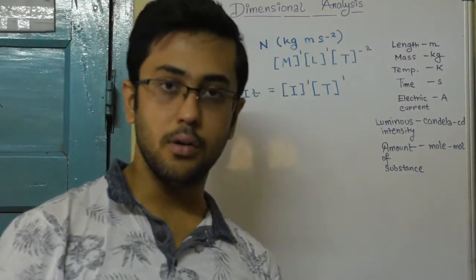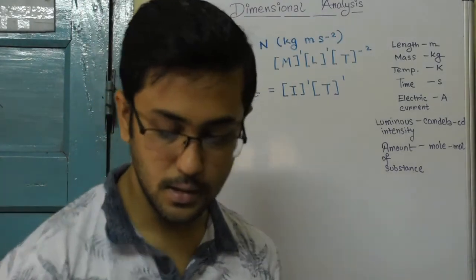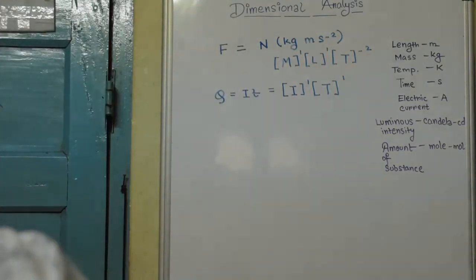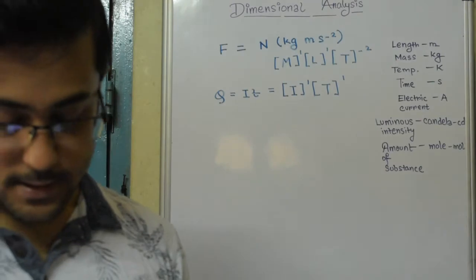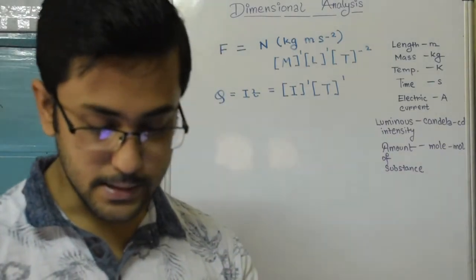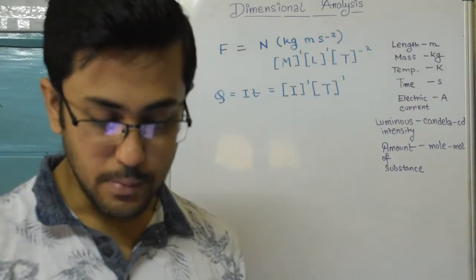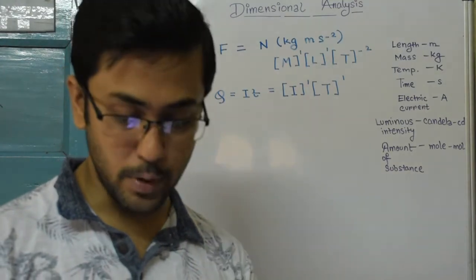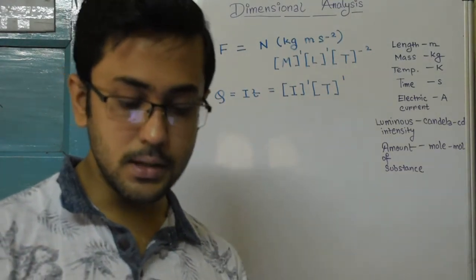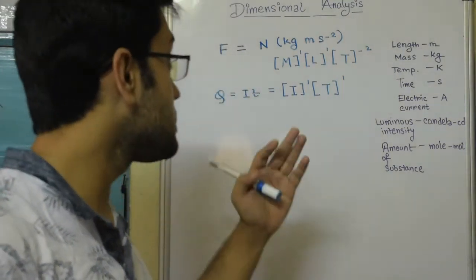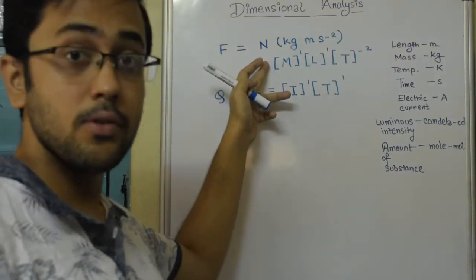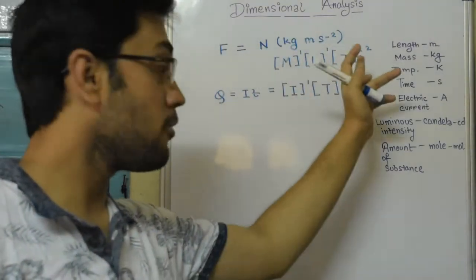Alright, now if you look into your syllabus for class 11, it says under dimensional analysis that you need to know the dimensional formula, you need to express the derived units in terms of base units, which we just did. Newton was a derived unit, we expressed it in form of base units.